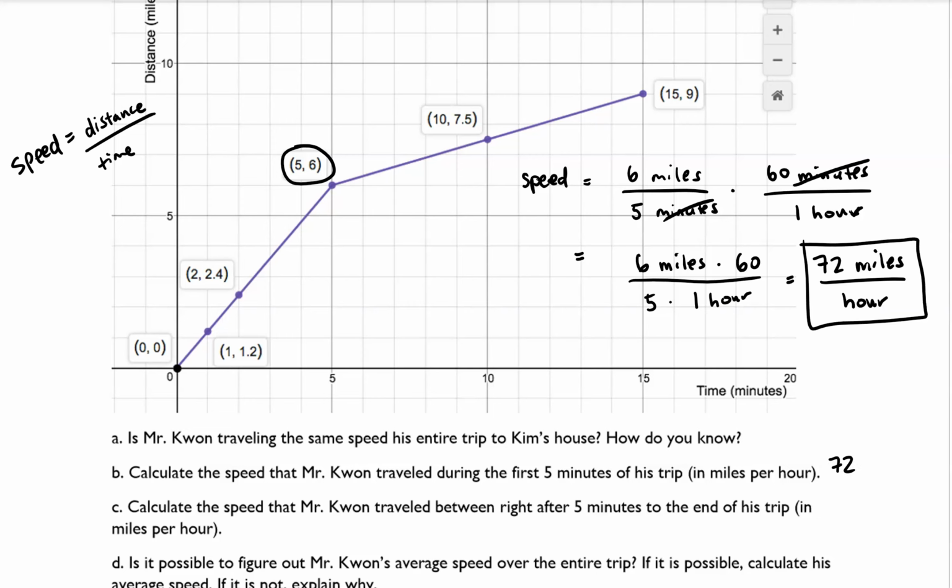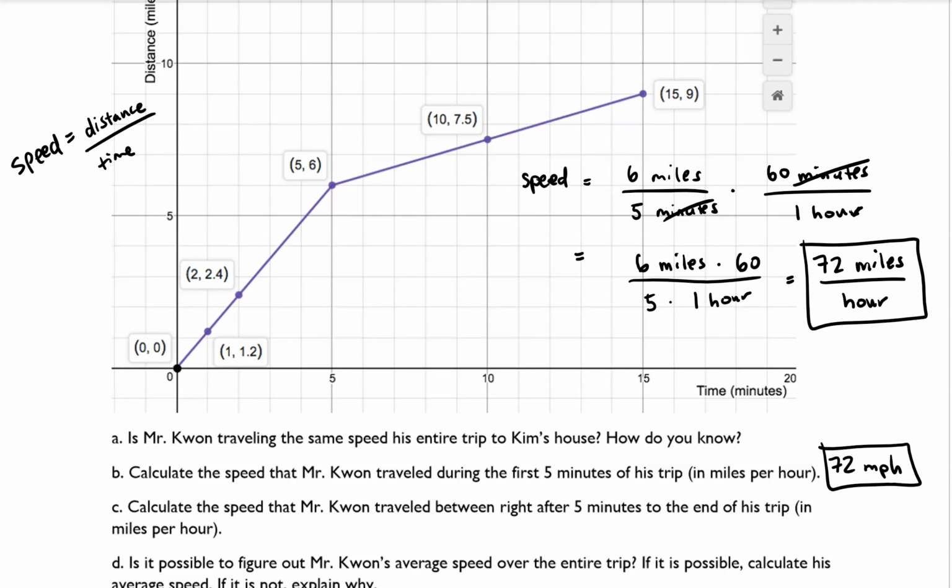So 72 miles per hour. That is my speed during the first leg of my trip. And hopefully you recognize, because the line is steeper here than it is in the second part, that means that I am traveling faster in that first part than in that second part.